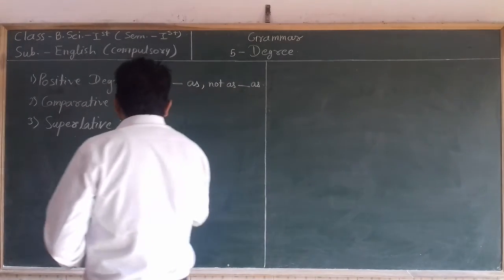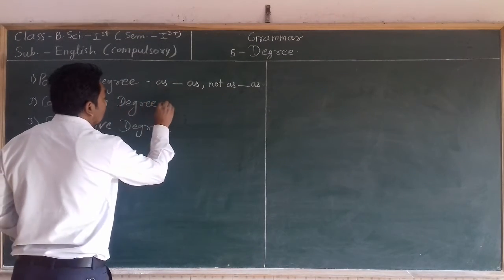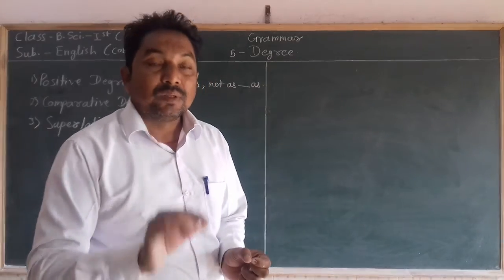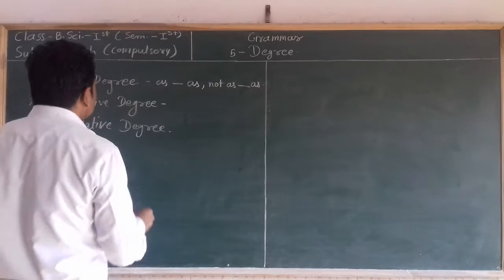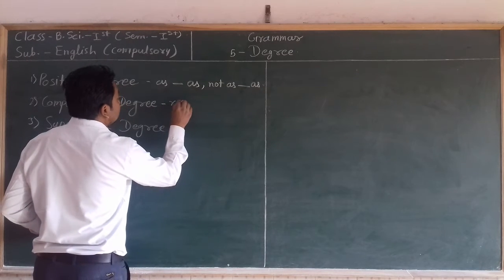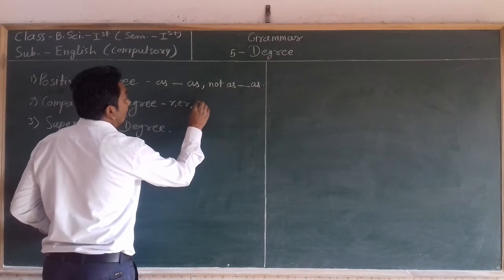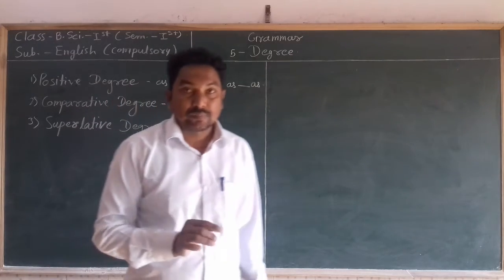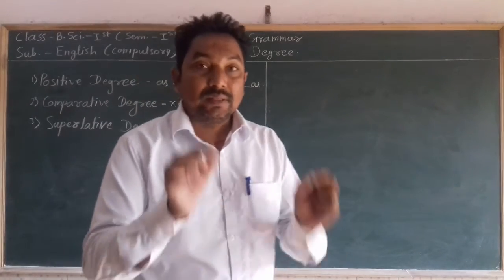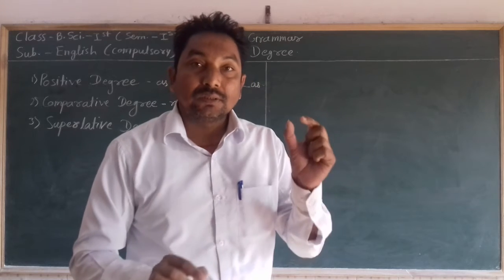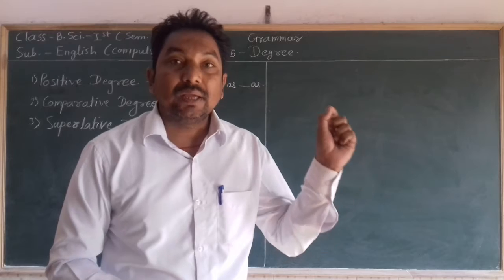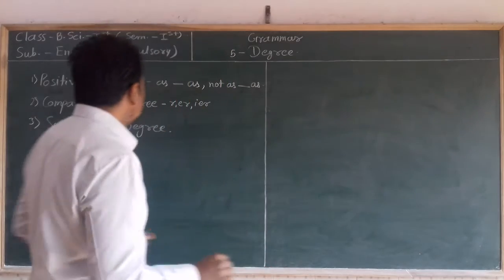In comparative degree, there must be a suffix r, er or ier to the adjective.